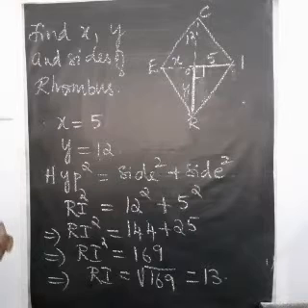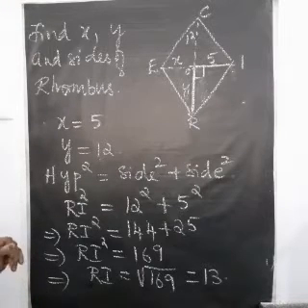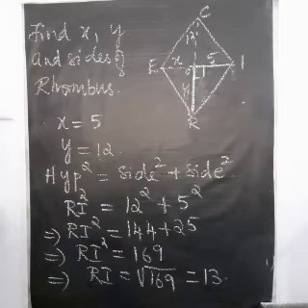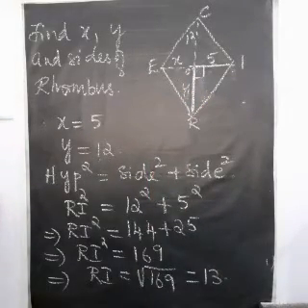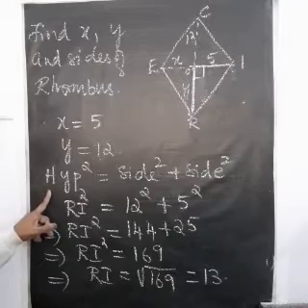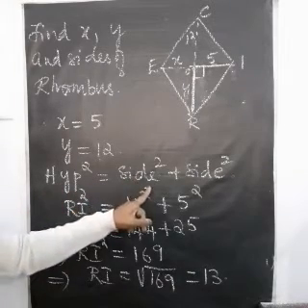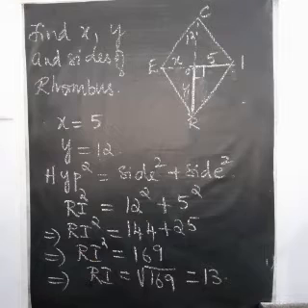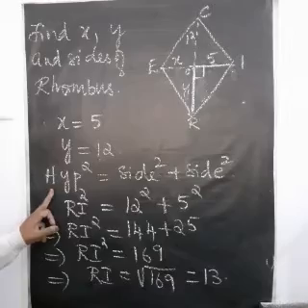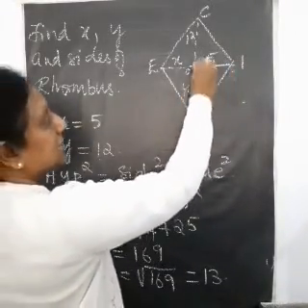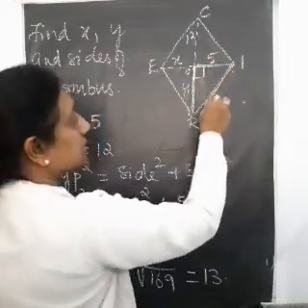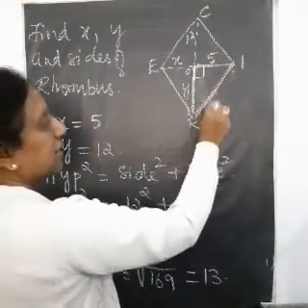Now we have to find the side of the rhombus. We use the Pythagorean theorem, because the diagonals bisect each other at 90 degrees. The Pythagorean theorem states that hypotenuse squared is equal to side squared plus side squared in a right triangle. The side opposite the 90 degrees in this triangle is RI.